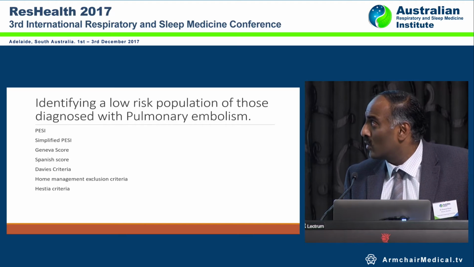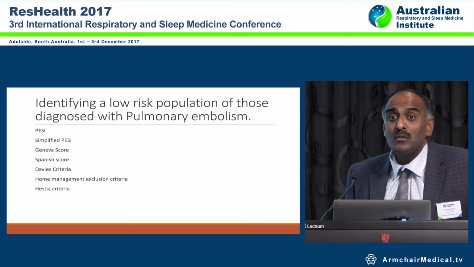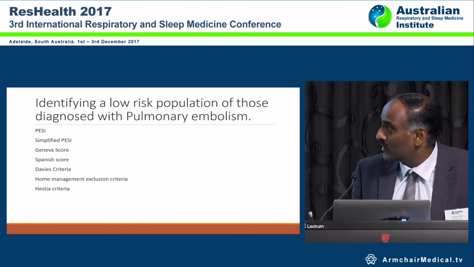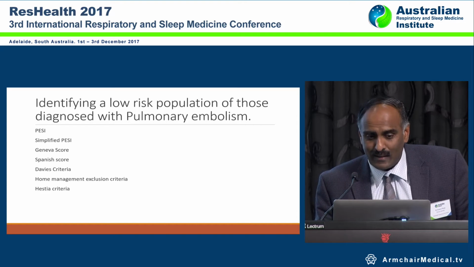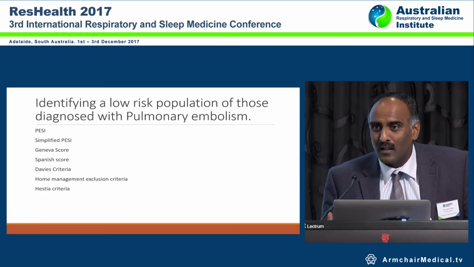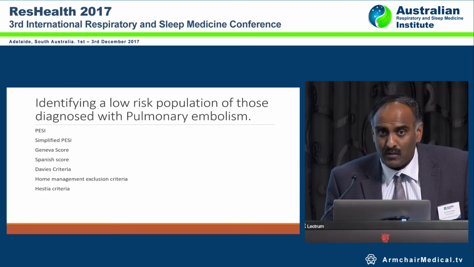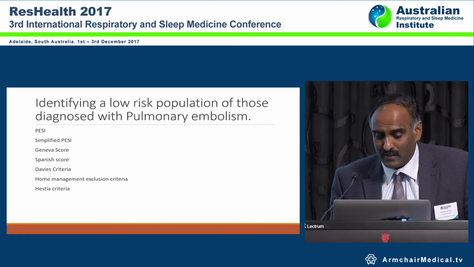The Spanish score, the Davies criteria, the home exclusion criteria, the Hestia criteria, and there is the Bova criteria. So there are a fair few scales to use. Now, not all of them have been validated, and it's really a statistician's delight, because if you see how these scores were put together, it's large data sets, logistic regression, multivariate analysis, and trying to identify factors.